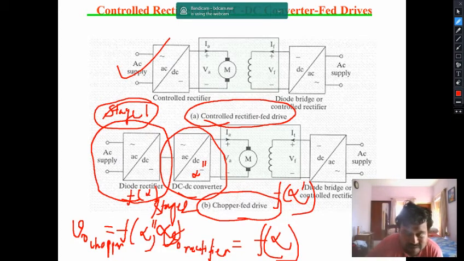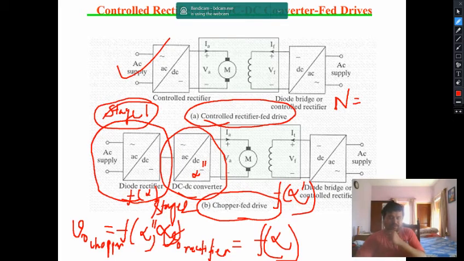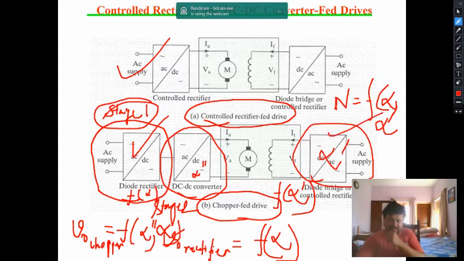So now, if you remember the speed equation, the speed is equal to a function of alpha for this one, alpha dash for this one, and alpha double dash for this one.